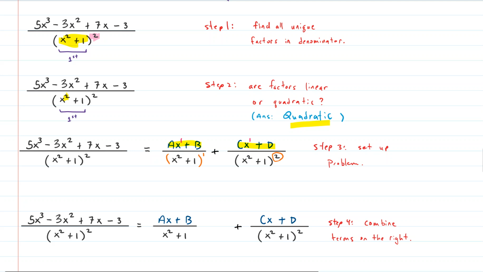Looking at this, the first term here is missing an x squared plus 1. So let's add that, and let's make these green.